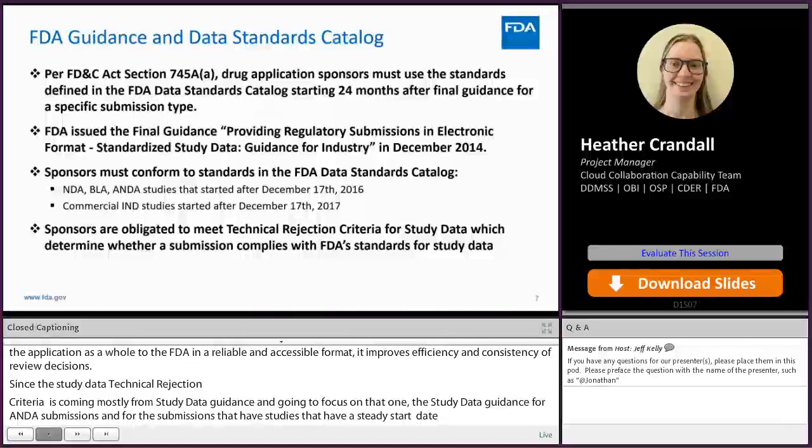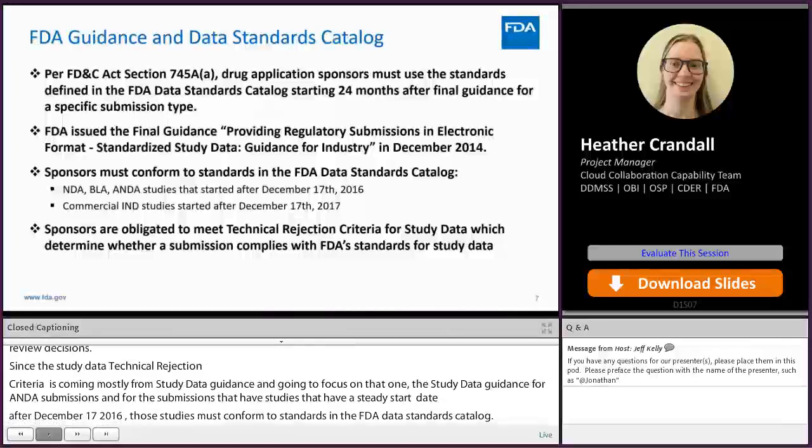And while I had previously stated that the TRC are not yet effective, sponsors are still obligated to conform with the study data guidance, which is currently in effect, even though the validations to check compliance have not yet been implemented.